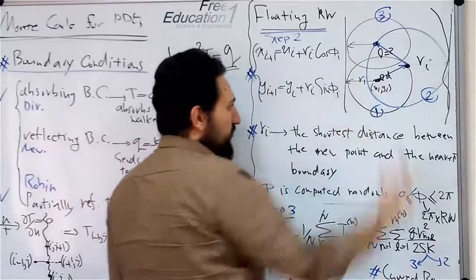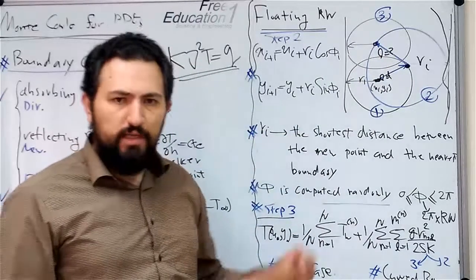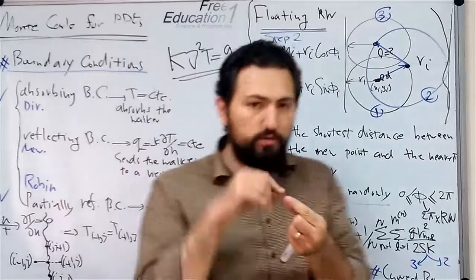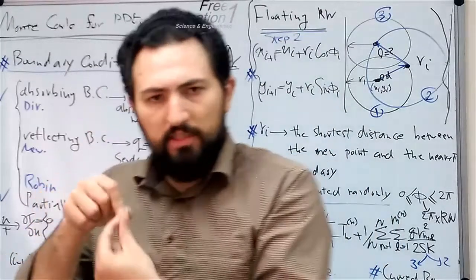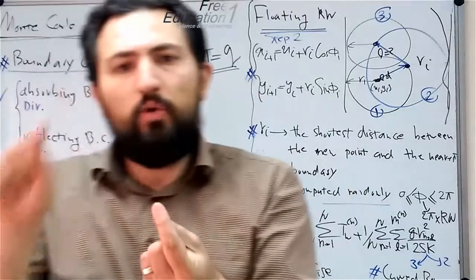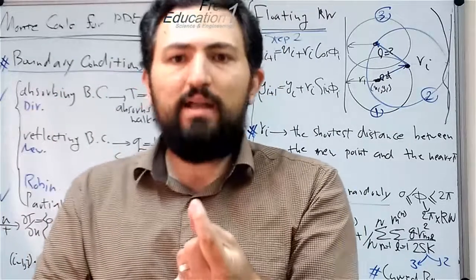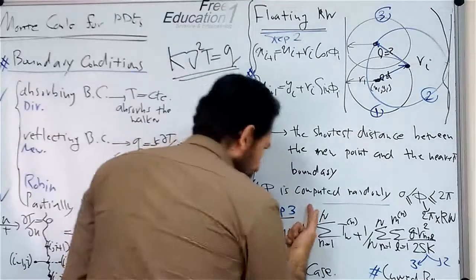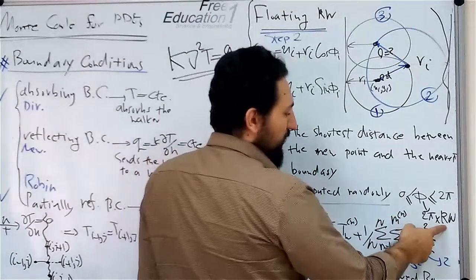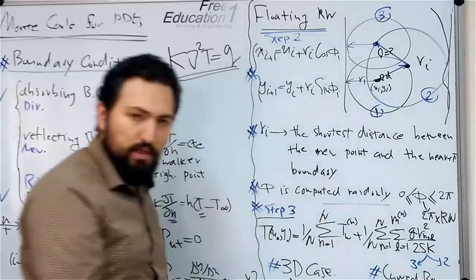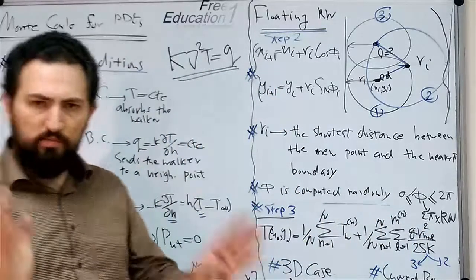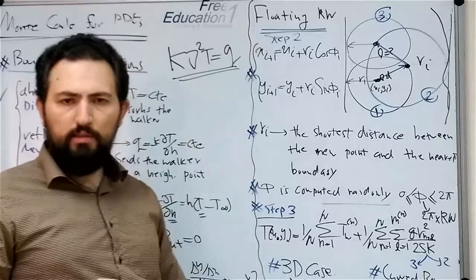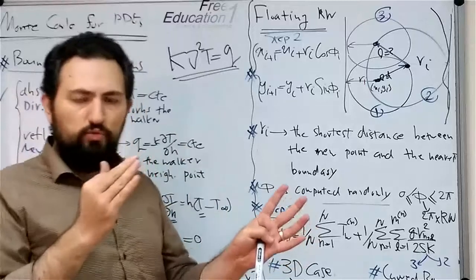Then draw a circle. The center is the point and the radius is computed. Then you can move from the center of the circle to any of the points located on the surface of the circle based on random number generation. So you have to generate a random number and then multiply it by 2 pi, because all random numbers are between 0 and 1, and the angles along a circle vary between 0 and 2 pi.